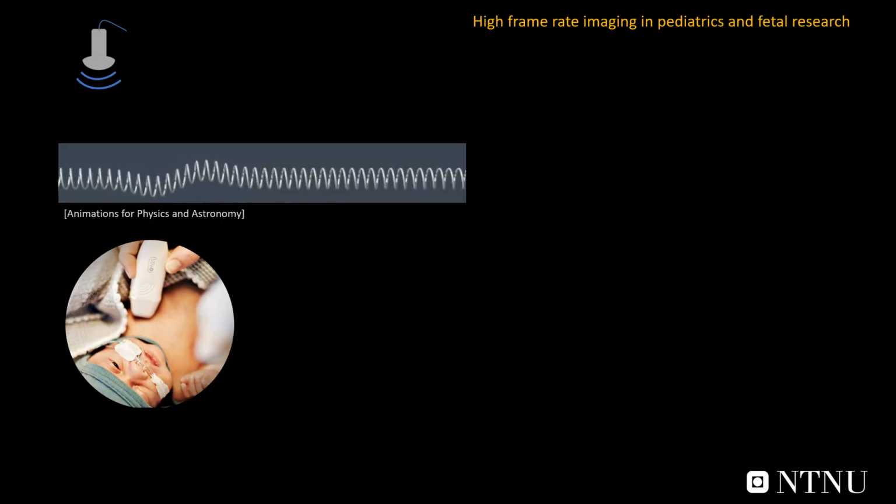Another example where high frame rate imaging can be used in pediatrics is with shear wave imaging to estimate liver stiffness. Tracking induced shear wave propagation in the liver at ultrafast frame rates above 1000 frames per second can be used to quantify the shear velocity, which is directly linked to the stiffness of the liver.